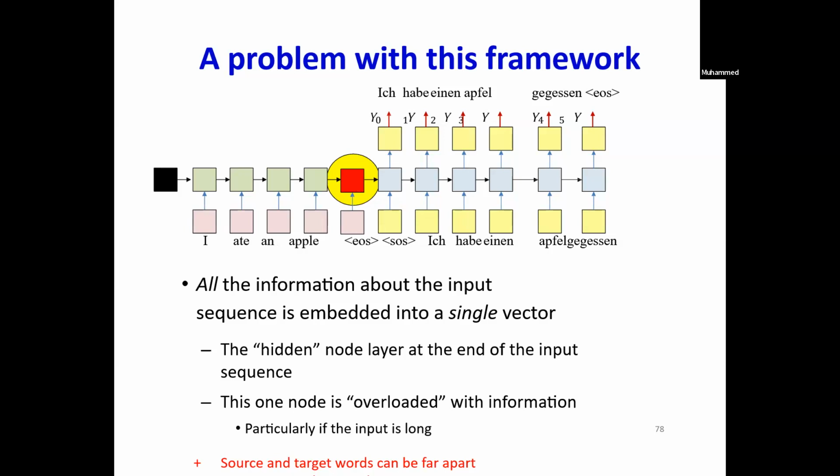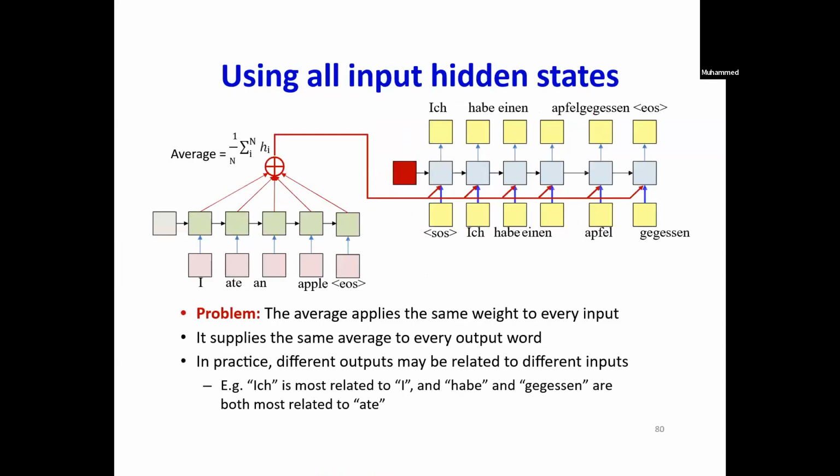Imagine if you're using ChatGPT, which I think most of you will be using, you write a whole paragraph and then you expect the last hidden state to carry all the information for all the words and characters that you have inputted. This is a problem that has been tackled in the literature, so we're going to explore some of the solutions.